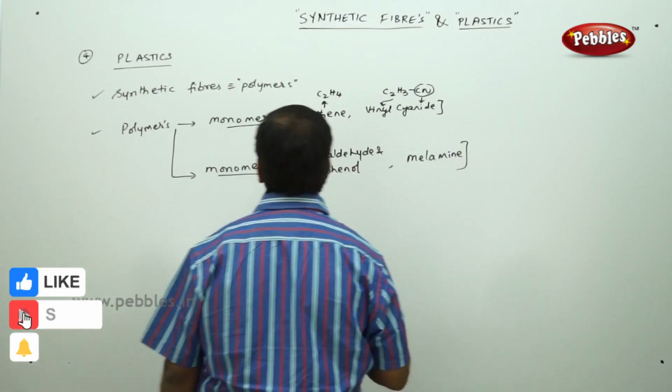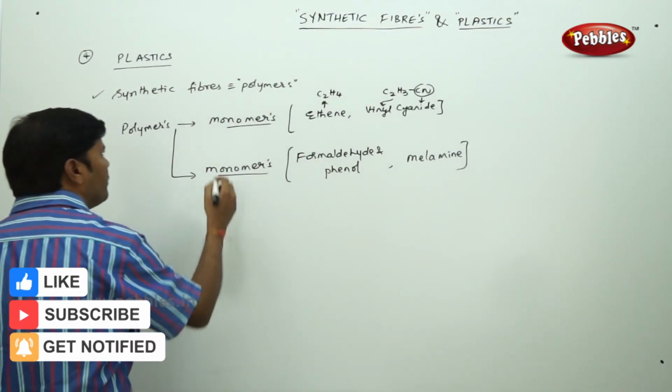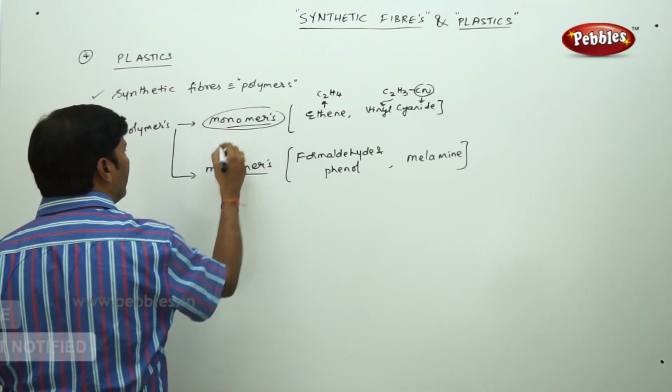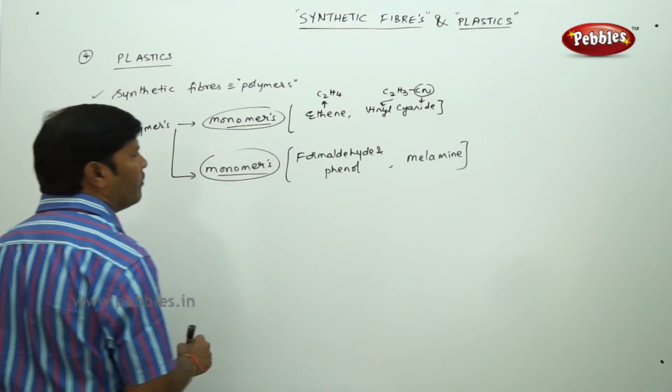These are the two different types of monomers present. Based on the types of monomers, here we have one type of monomer, and here we have another type of monomer.